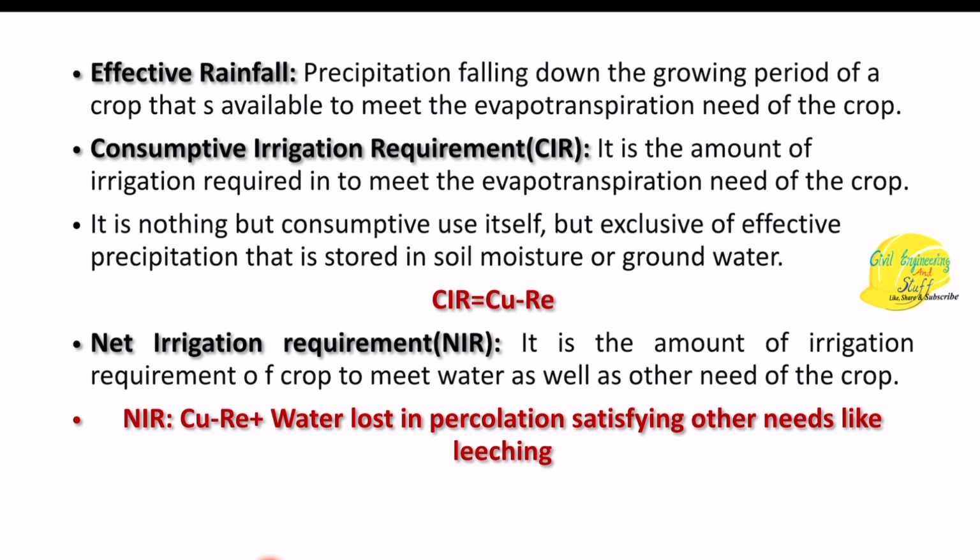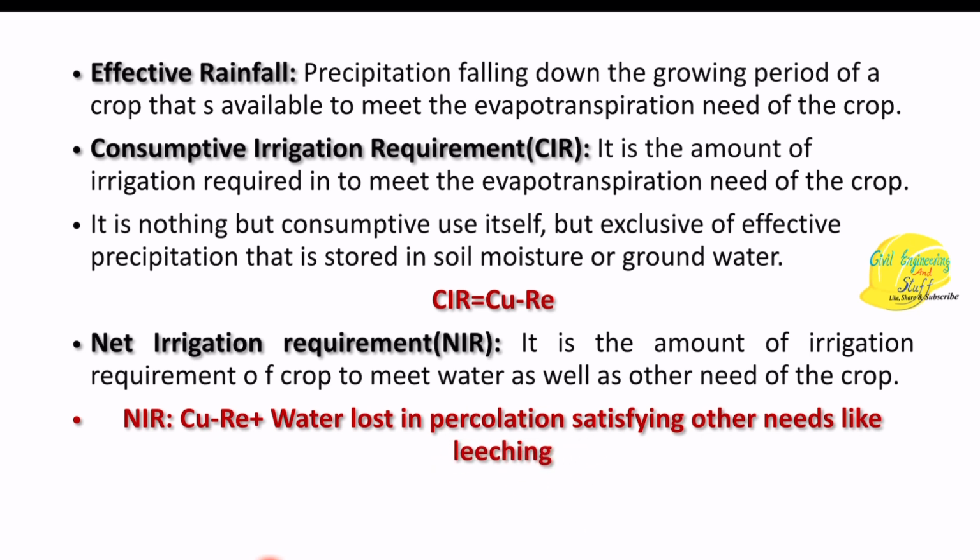All right. Then we have the net irrigation requirement, which is defined as the extra quantity of water that is required to fulfill the other needs of the crop. Other needs of the crop basically come as the leaching requirement. Okay. So after the effective rainfall has taken place, part of the irrigation is required to fulfill the consumptive use of the crop, and then an extra quantity of water is supplied to fulfill other requirements of the crop, like leaching.